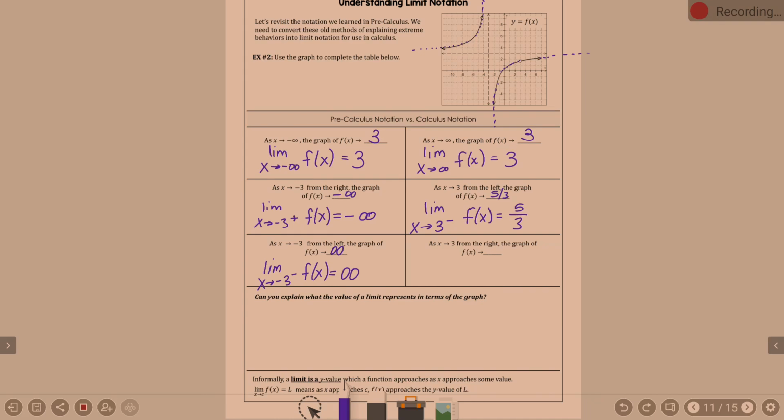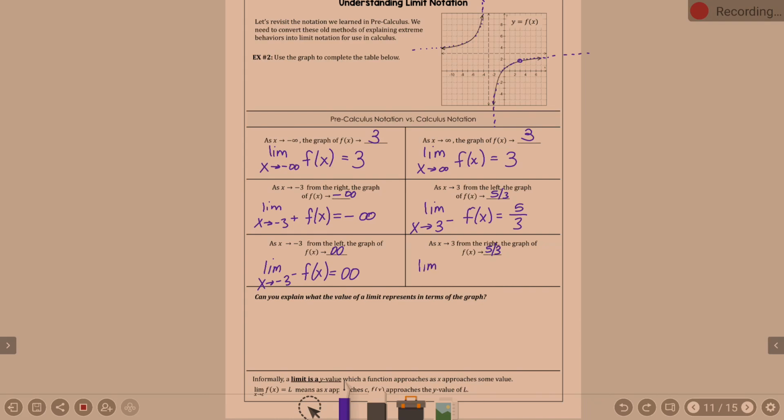And then as x approaches 3 from the right, the graph of f of x approaches 5/3. We're back at that 5/3 because we're hopping on the graph to the right of 3 and close to 3, so as I approach 3 here, I'm approaching that hole.